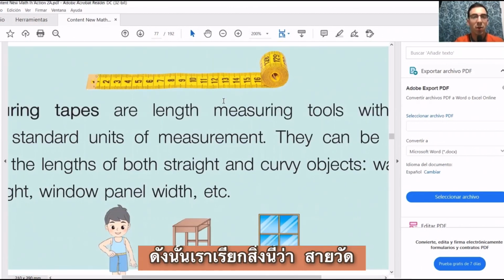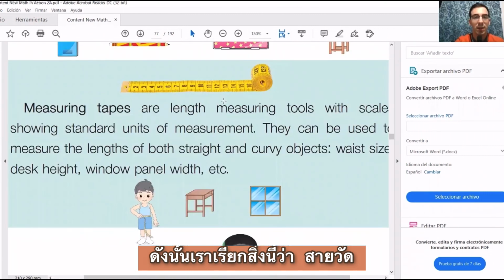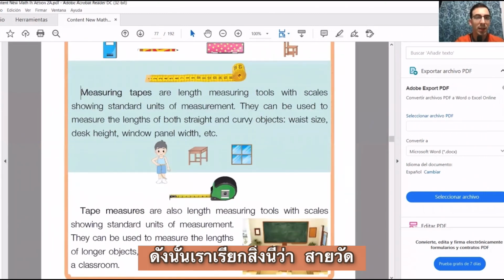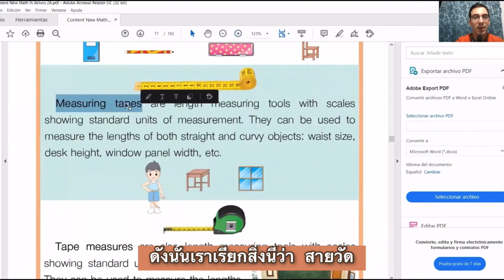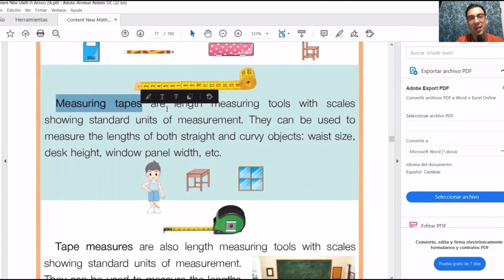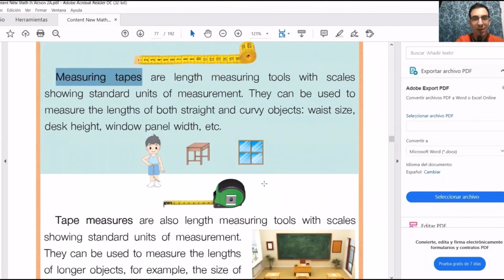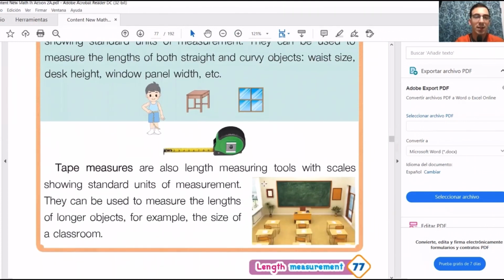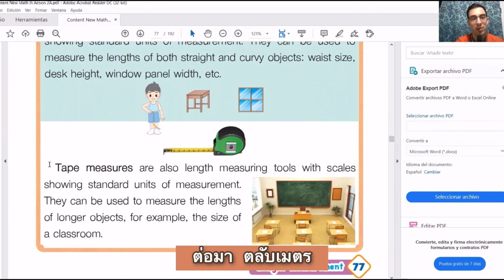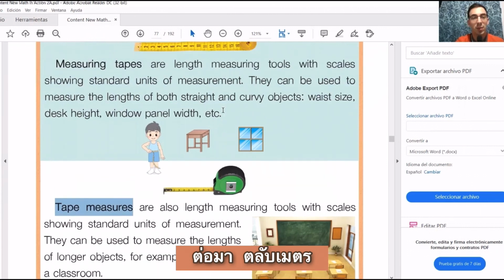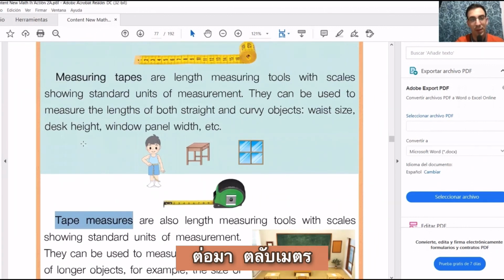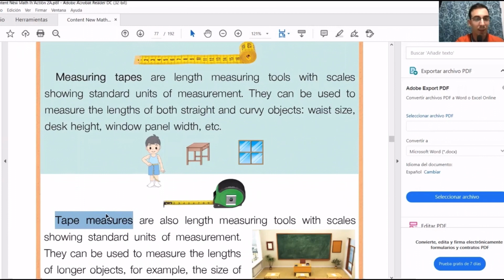This is called a measuring tape, because it's a tape that we use for measuring. And maybe you have seen this other tool, which is a tape measure. It's actually the same words, but we changed the order. Measuring tapes and tape measures.